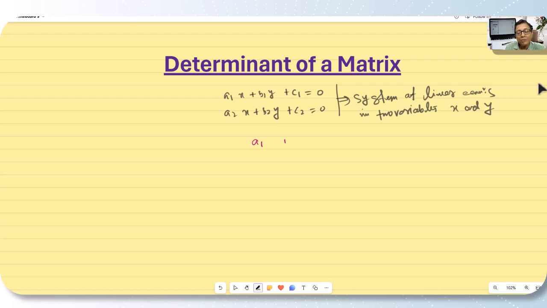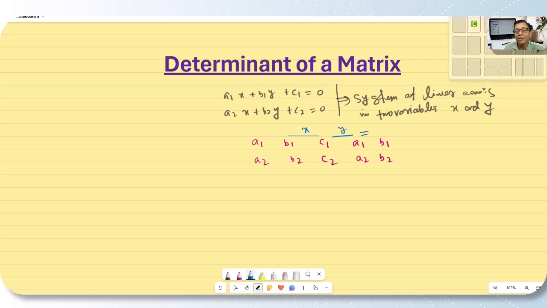We write a1, b1, c1, a2, b2, c2, then again a1, b1, a2, b2. To solve this system of equations, we put x over there, y over there, and 1 over there.